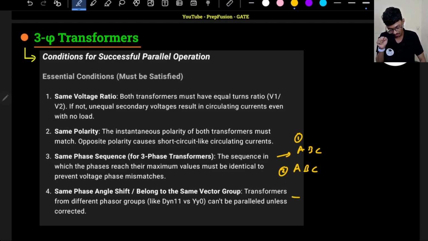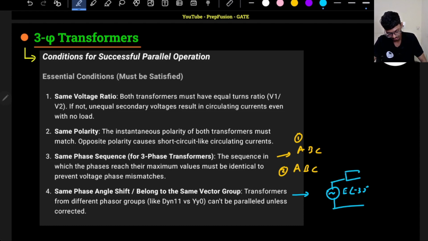Okay. What about here? So here they need same phase shift. I've just explained this in the starting itself, right? Basically, if they have different phase shift, so it will have some voltage E angle, let's say minus 30 phase shift. This will be some Z value, and again another transformer will be connected in parallel.